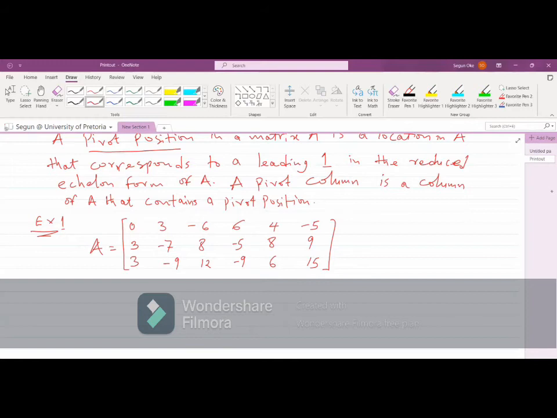How do we know the pivot column? Which one is the pivot column? Anybody? Minus 5, sir. I only need the column. I don't need the elements there. Pivot column. Read the definition before you answer, please.